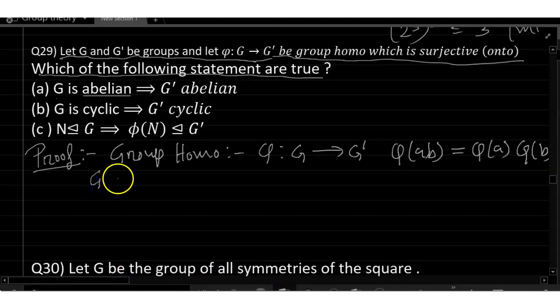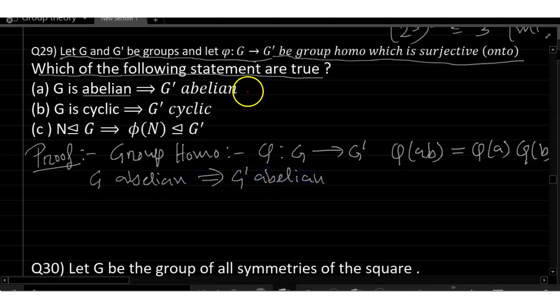If G is abelian, that implies G dash is abelian. So this statement is true.